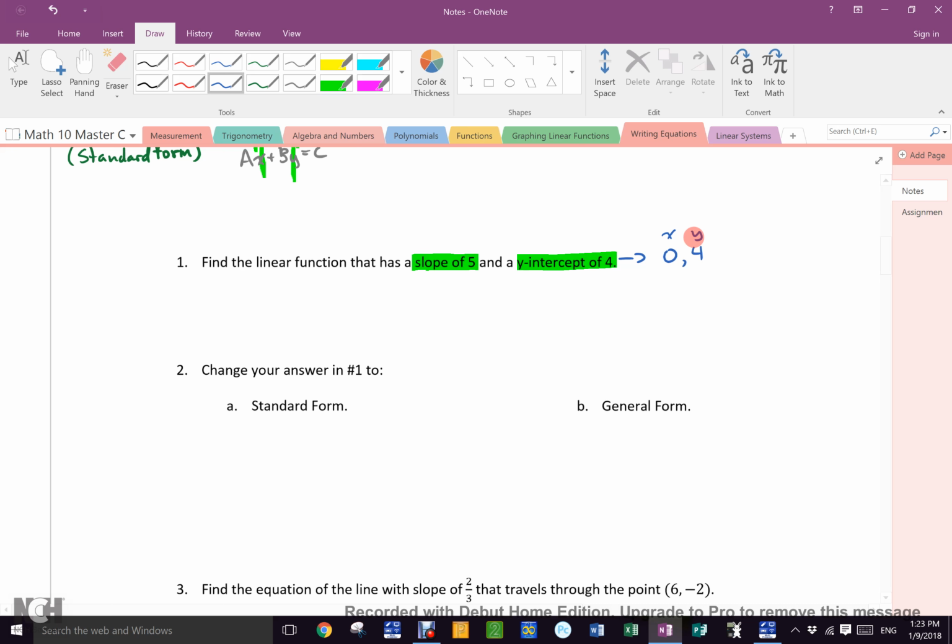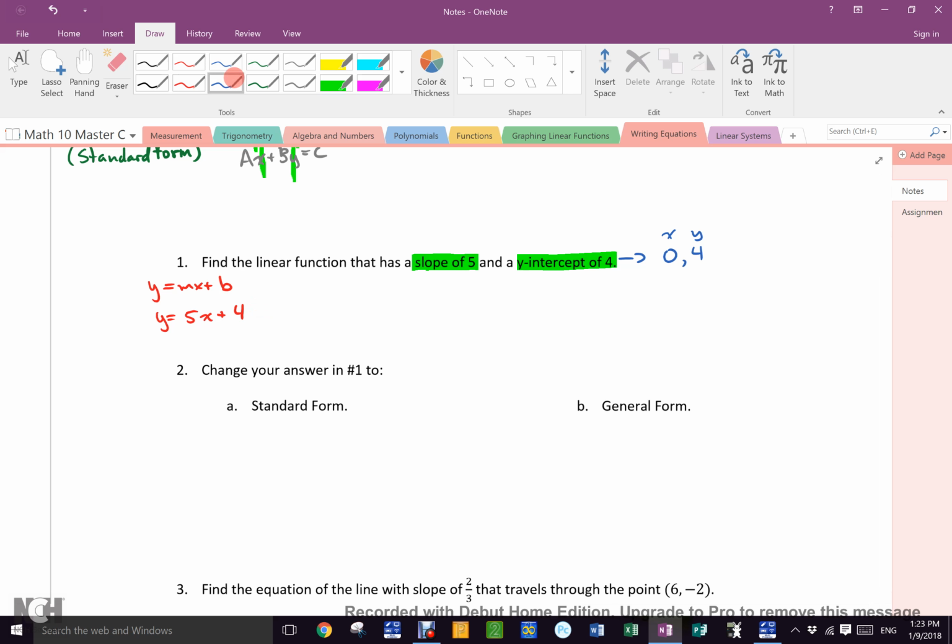Right? Let's do both. The first one is real easy. Slope-intercept form, y equals mx plus b. What goes where in there? Y equals 5x plus 4, because 4 goes in for b, right? Easy peasy lemon squeezy. Yeah?